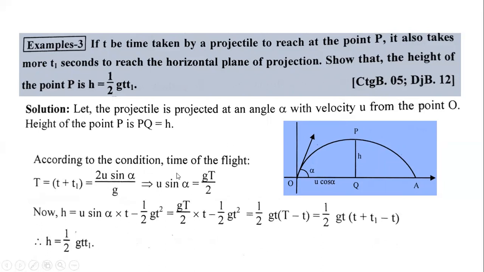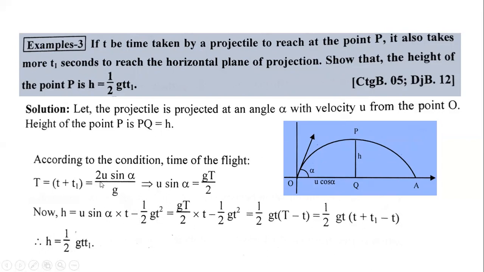According to the condition, the time of flight, that means capital T, equals t plus t1. Here, time of flight equals twice u sine alpha by g. From this, we can write u sine alpha equals g T by 2, and h equals u sine alpha into t minus half g t square.